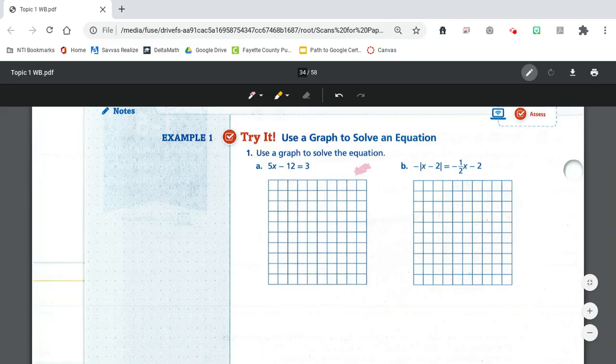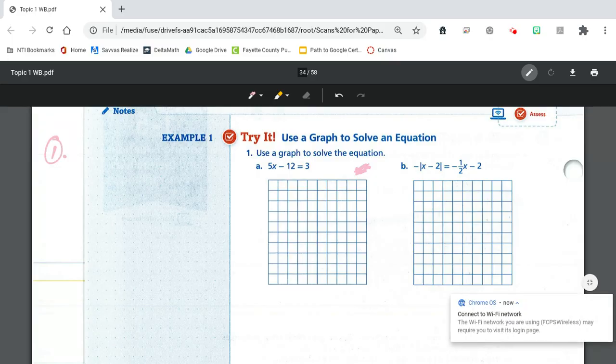Okay, so the way that you solve by graphing is number 1, you're going to graph y equals the left side of the equal sign, and then you're going to graph y equals the right side. So that means for this part A, I'm going to be graphing y equals 5x minus 12, and I'm also going to be graphing y equals 3.